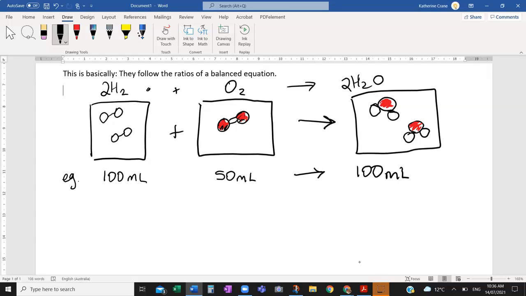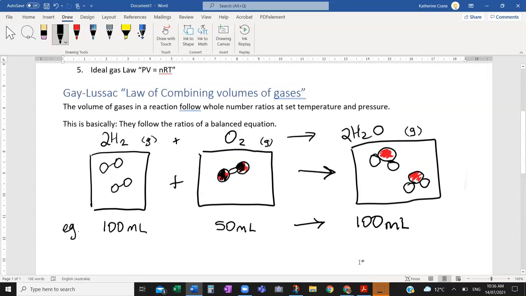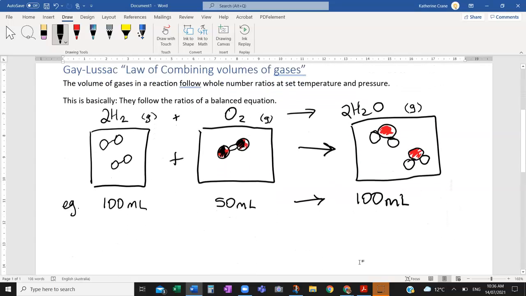And this is all for gases, by the way. Gas, gas, gas. This is what led to Avogadro going with his law about the amount of particles in the same volume.